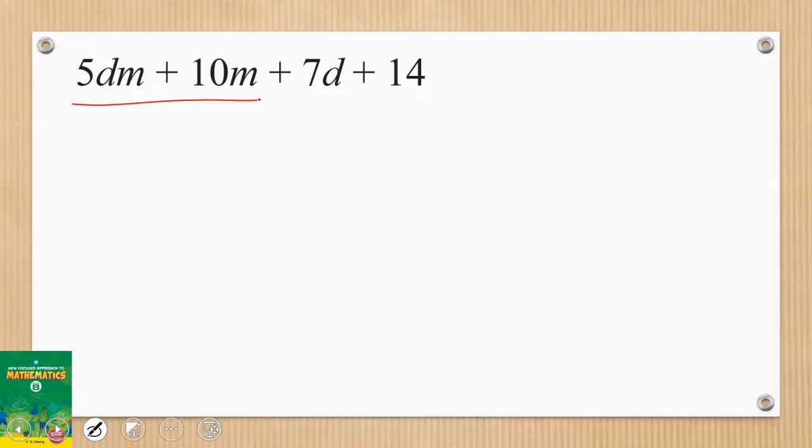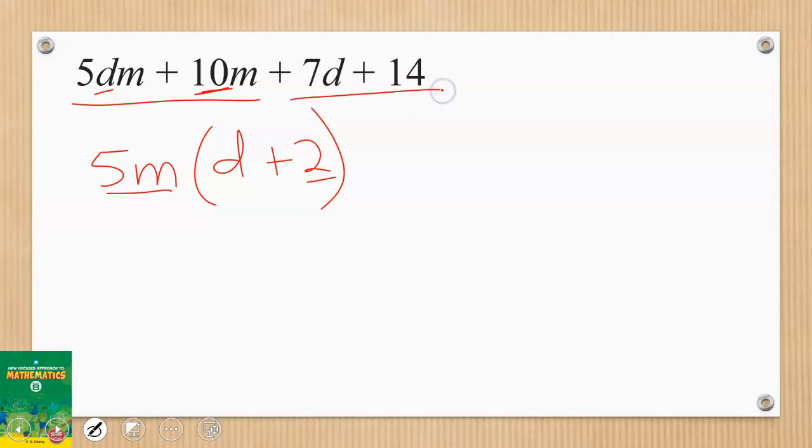So the first two, I can see that 5 is a common factor and m is a common factor, so 5m comes out. Then I'll be left with d plus, here because 5 is out, 2 is left, so that when I multiply 5m and 2, I have 10m.